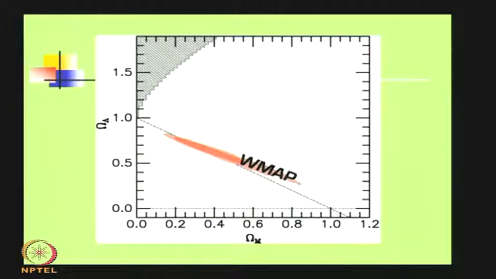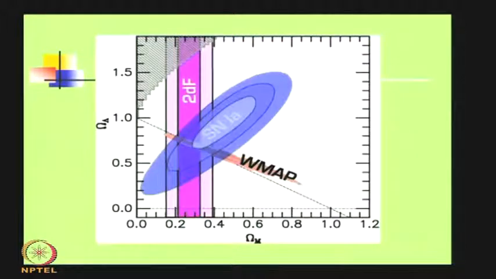So the cosmological parameters which are consistent with these observations lie somewhere over here. WMAP indicates that the universe is very close to being spatially flat. This is the curve corresponding to a spatially flat universe. That is the allowed parameter space from WMAP observations of the cosmic microwave background anisotropies.